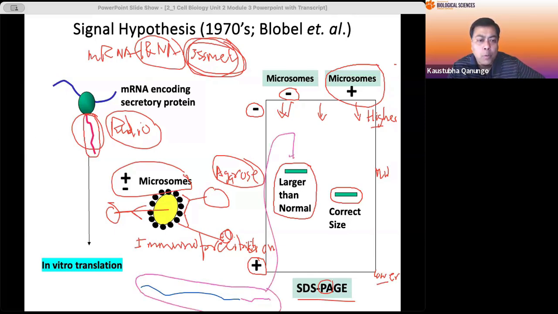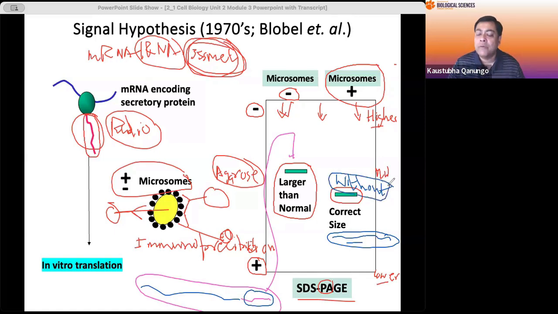Whereas once the microsomes are added, the ribosomes are brought onto the microsomes, the protein is extruded inside the microsome, and the signal peptidase cleaves the signal. So you have only the blue part, which is without the signal. That's why the molecular weight is less, because the signal is cleaved out.